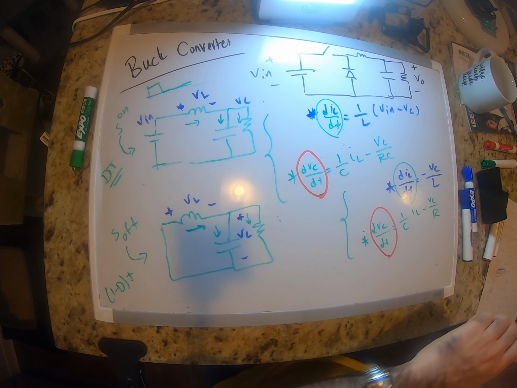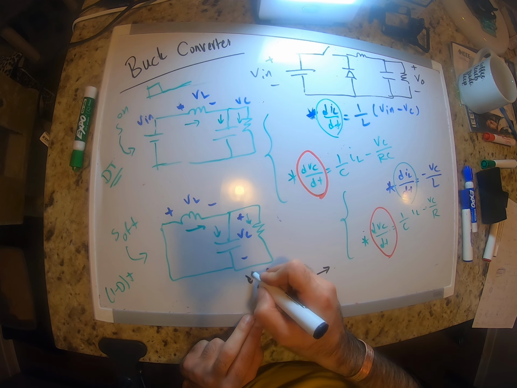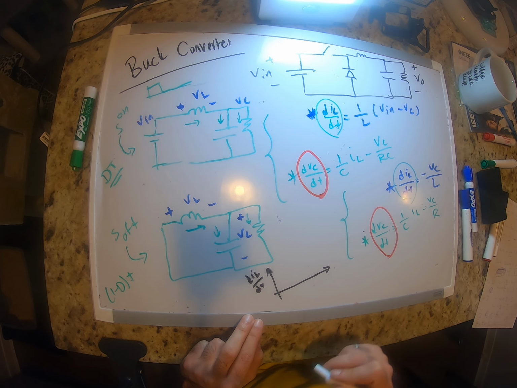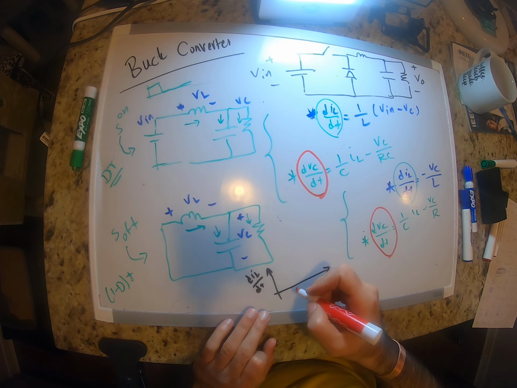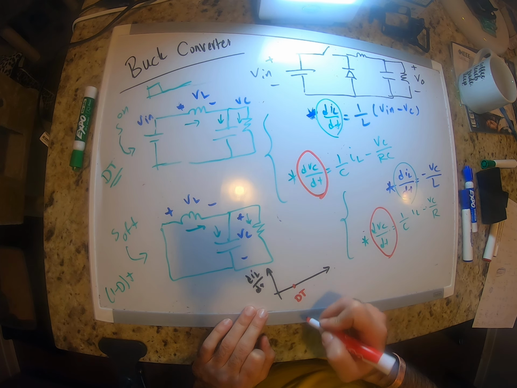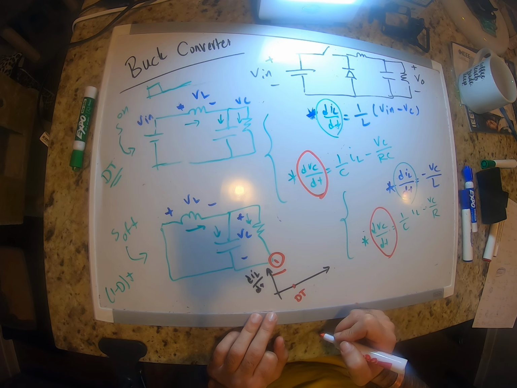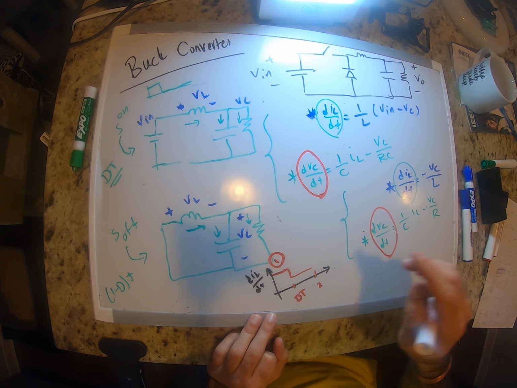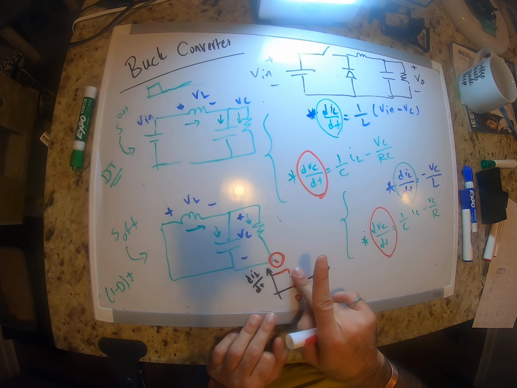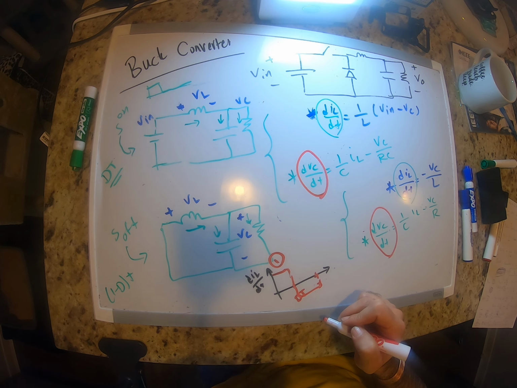To give you an insight, if I draw dIL over dt, this is a little bit simplified, but for this period it might be this much. For this period it might be this much, or actually it's negative, so it's going to be this much.